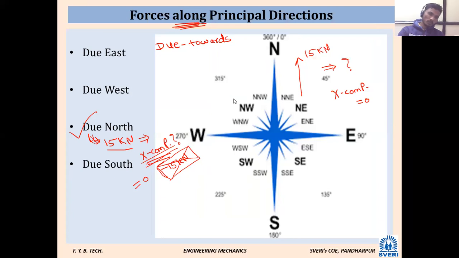So then we have seen principal directions. How many principal directions are there? Four. Which are they? North, south, east, west. Okay.